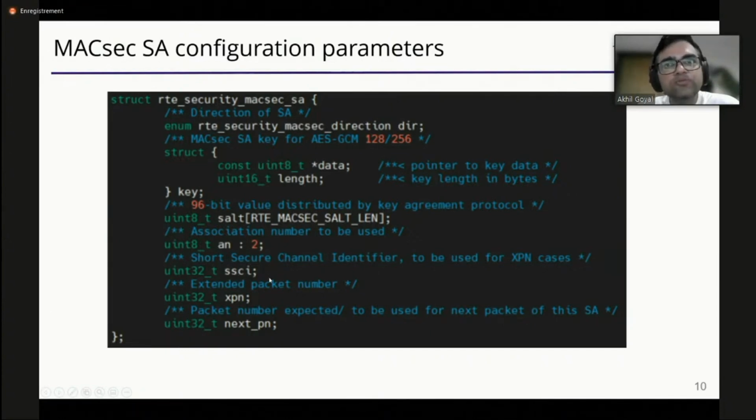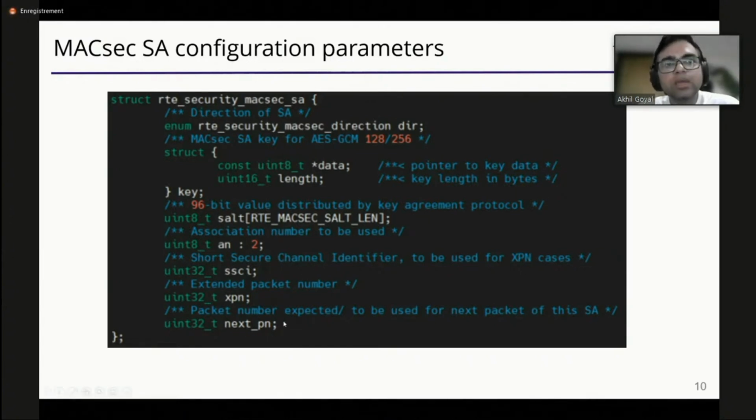It will be used for extended packet number cases, similar to extended sequence number in case of IPsec. This XPN is the extended packet number, the upper 32 bits of the 64-bit packet number, and this last one, next PN, is the lower 32 bits of the packet number, which is expected to be coming up for the encryption of a packet corresponding to this SA.